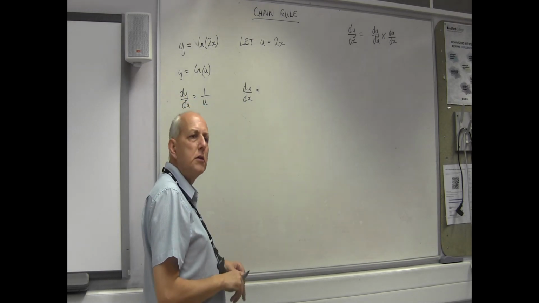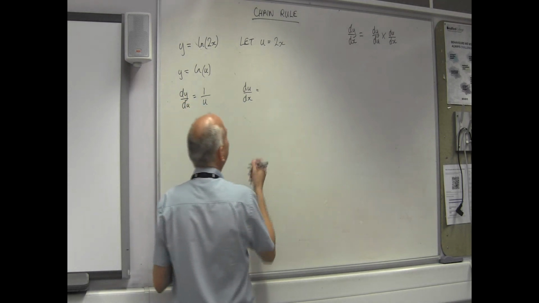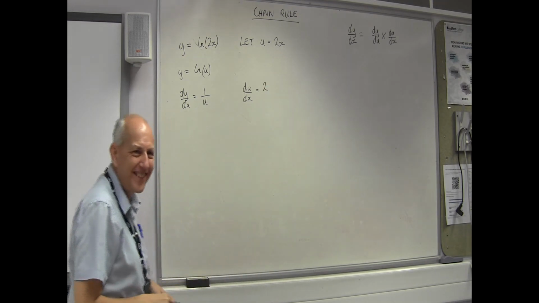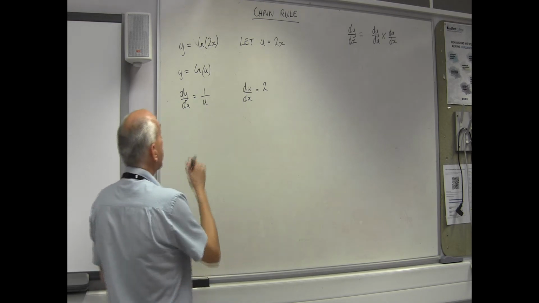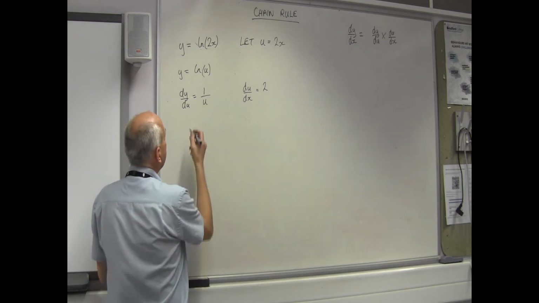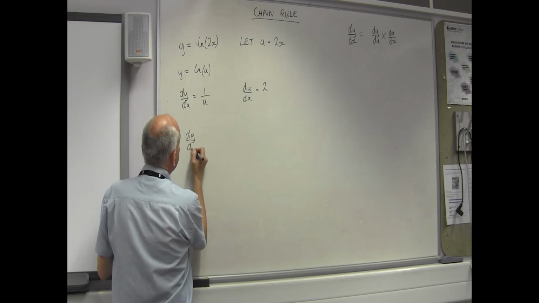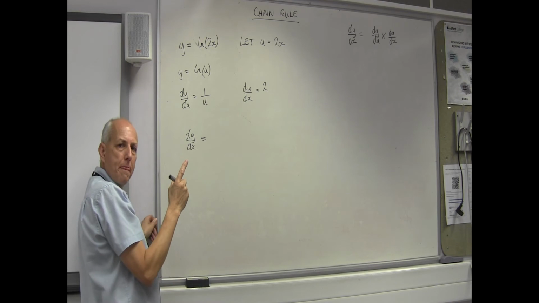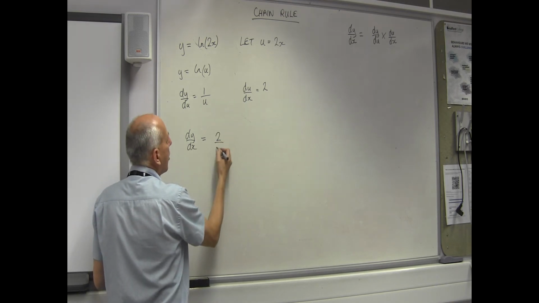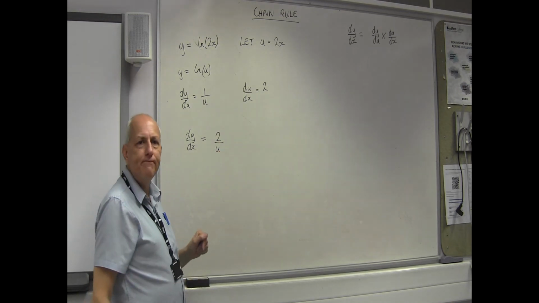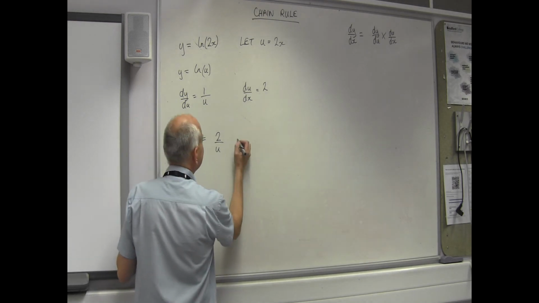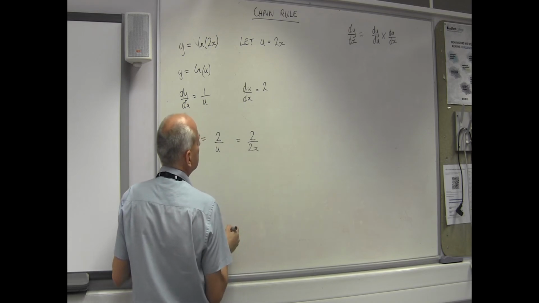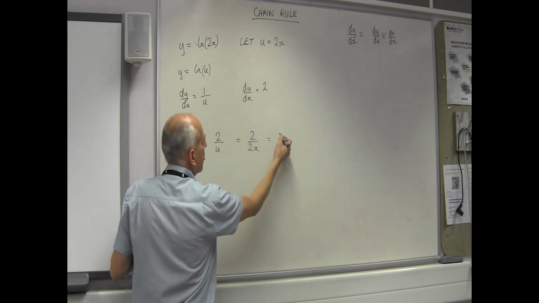Just 2. So I'll put them back together. dy/dx is going to be 2 times 1 over u. And u equals what? 2x. So they cancel to 1 over x.